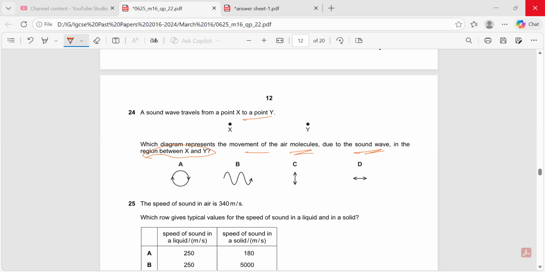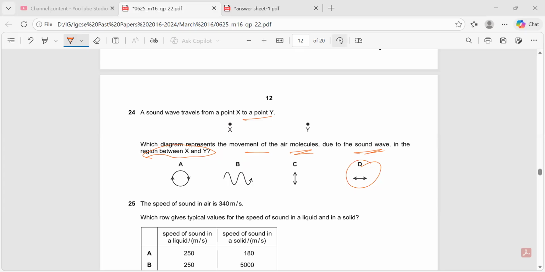Only one answer, please. What about others? Yes, dear friends. So answer is D. Let me check. Longitudinal waves, yes, Maham, very correct.